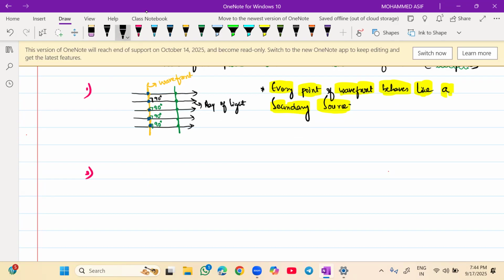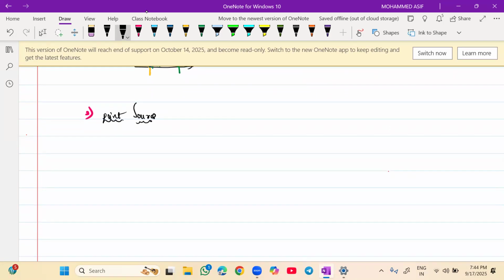Respond, beta. Now see, if I have a point source, just like a candle in the center of your room, the light from the point source will go in all directions: front, back, up, down, first quadrant like this, third quadrant, fourth quadrant, second quadrant, all of them.